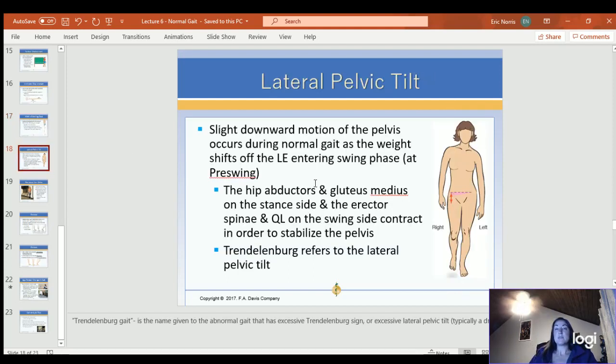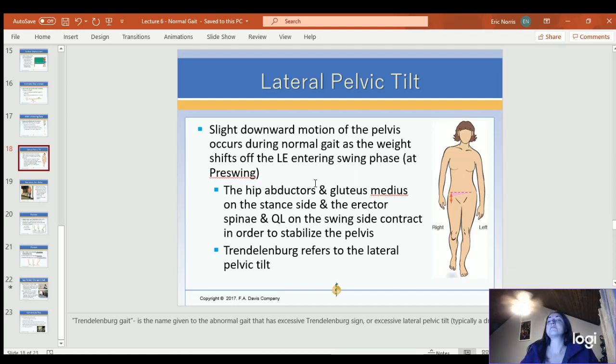Lateral pelvic tilt, up until now, we've always looked at it as a negative thing, as far as any lateral pelvic tilt would indicate weakness in the gluteus medius. However, there is a certain degree of a lateral pelvic tilt that is normal.